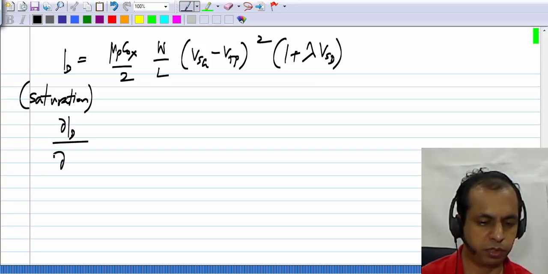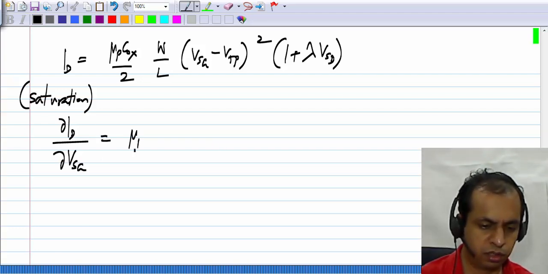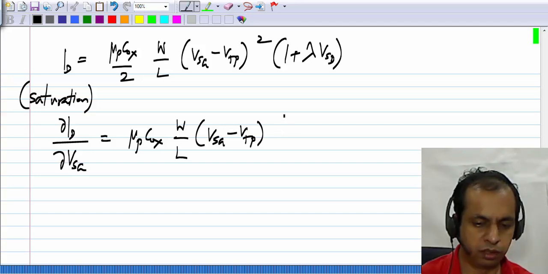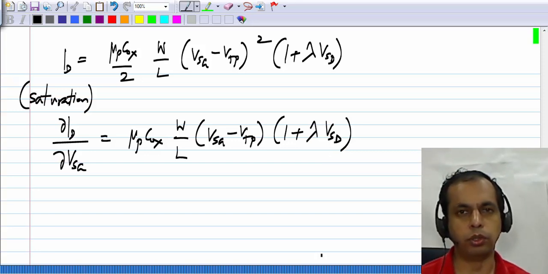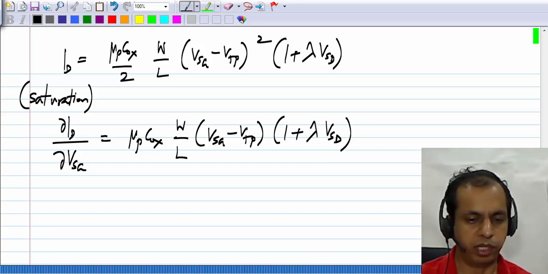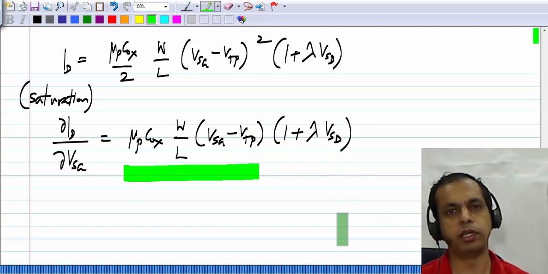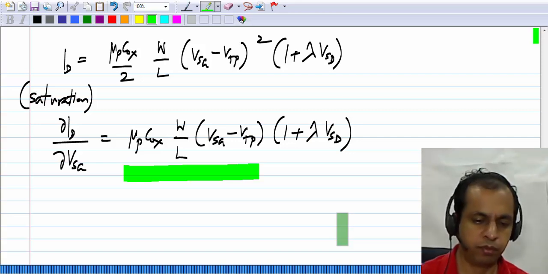The partial derivative with respect to VSG is μP Cox times W/L times (VSG minus VTP) times (1 plus lambda VSD). Now this is the usual expression for gm, and many times we even approximate it by just this part because lambda is small. This is the same thing that we did for the NMOS case. Usually for most operating point calculations we just ignore lambda.